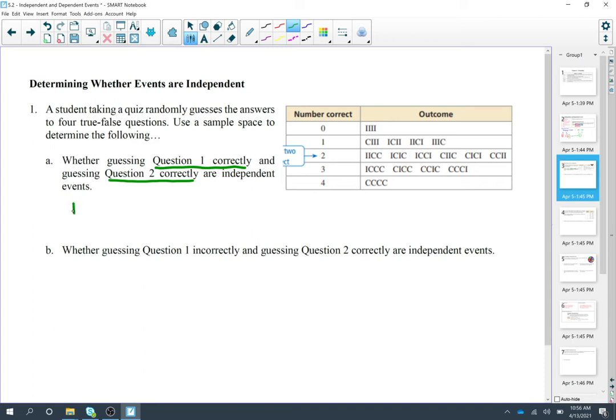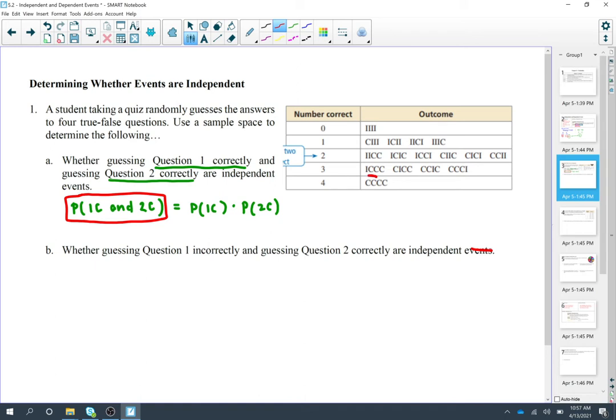Now, it wants to know whether guessing question 1 correct and question 2 correct are independent. So the probability of 1 correct and 2 correct should equal the probability of 1 correct times the probability of 2 correct. I'm going to look at them together using my sample space.